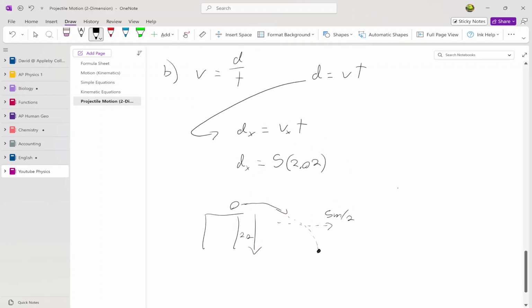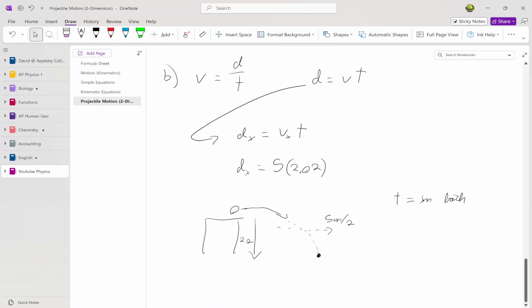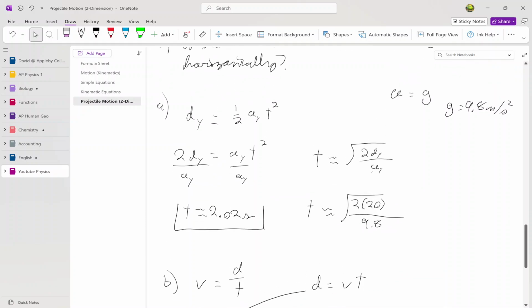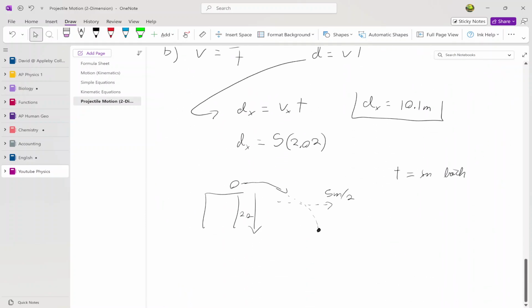Therefore, the time will be equal in both. So it would be 5 times 2.02, 10.1 meters. Remember SI units. There you go. That's a very nice simple problem.